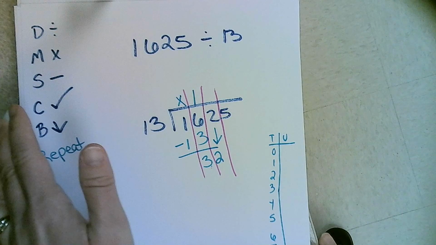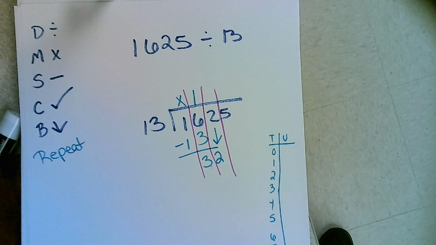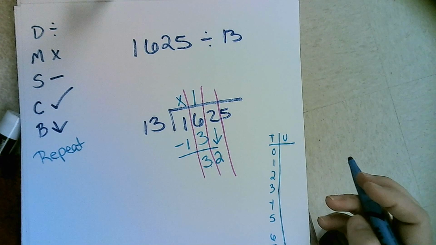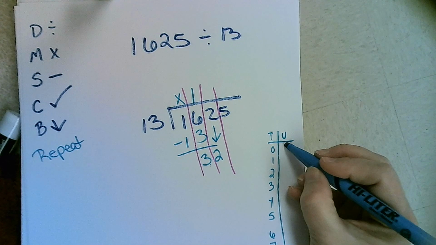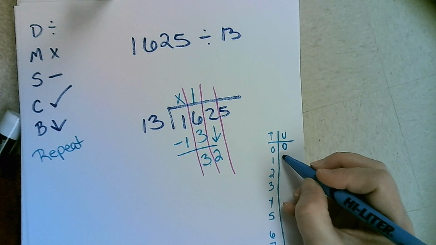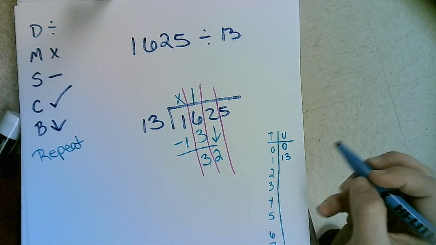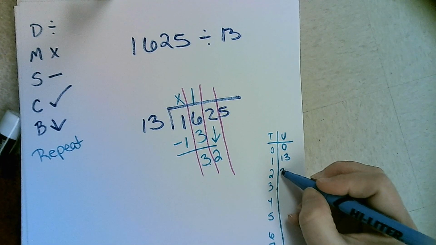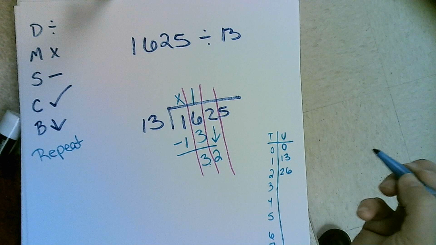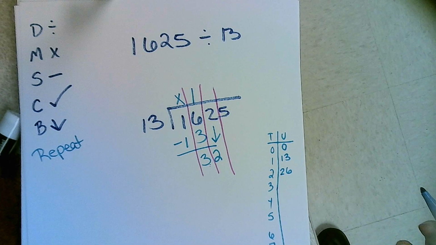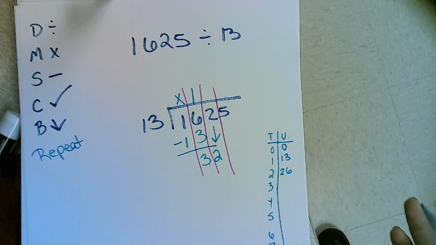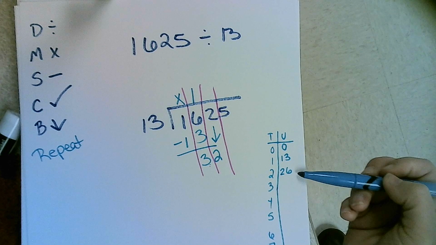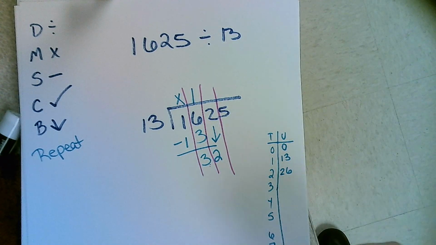I already know 0, and I already know times 1, and I can do times 2 in my head, because 13 plus 13 is 26. I'm not even going to try to do any more in my head. Okay, I'm just going to look at this and kind of guess. Well, 26 is close, so that means 3 might do it.